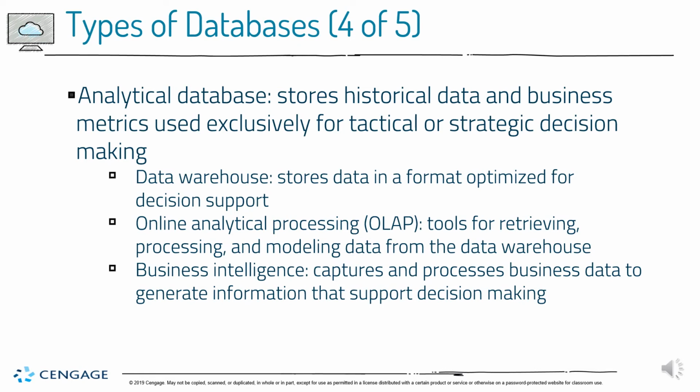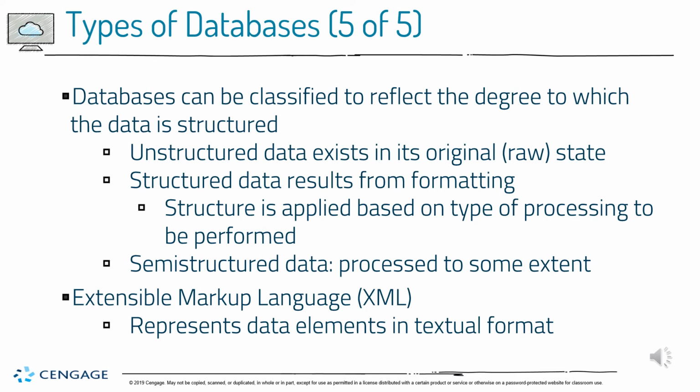Databases can also be classified to reflect the degree to which the data is structured. Unstructured data is data that exists in its original state, in a format that does not lend itself to the processing that yields information. Structured data is the result of formatting unstructured data to facilitate storage, use, and generation of information.